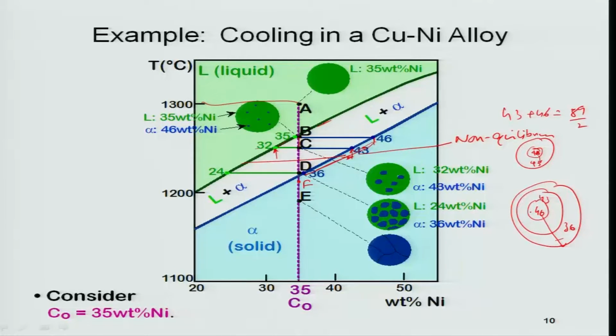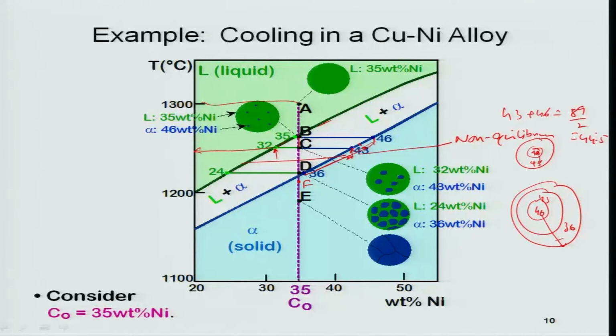So the average composition of the solid at point C is calculated using the mass of the solid which forms at point B and point C. But for the sake of understanding, let us assume that the thickness of the layers is similar at point B and point C. Therefore the average composition will be the average of these two, 46 and 43, and that is 44.5%, and that 44.5% point will fall somewhere there. Now my alloy system is at the temperature corresponding to point C, right? This is what it is.